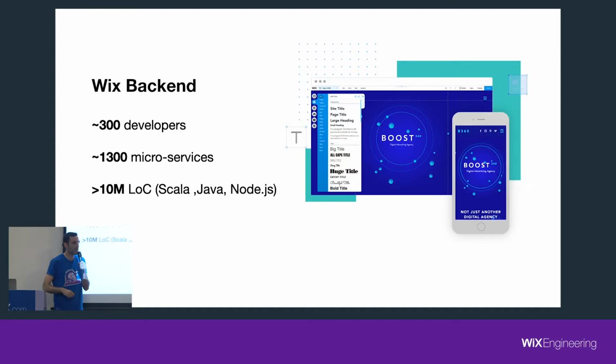So a few extra numbers, the latest numbers for today. Specifically for our backend, we have around 300 developers and more than 1,300 microservices, and more than 10 million lines of code, mostly in Scala, but we also have Java and .NET.